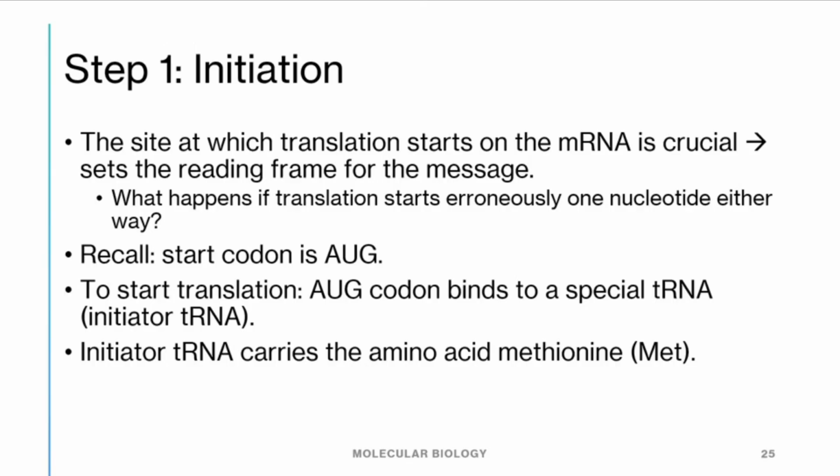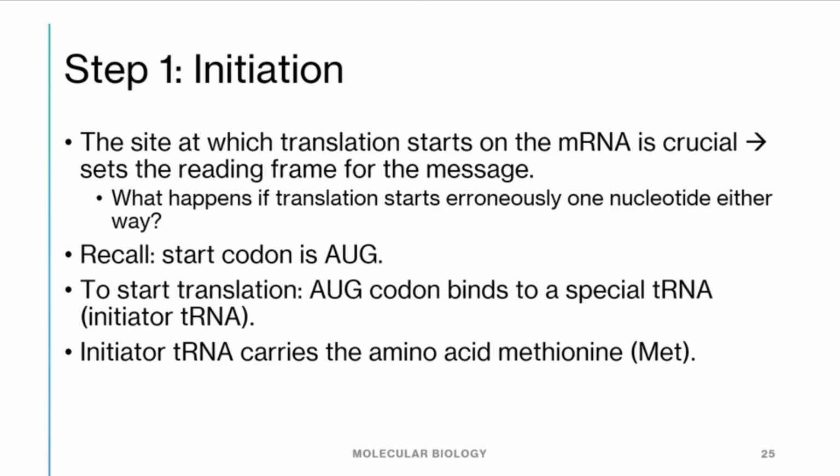Generally speaking, in the initiation process, the ribosome has to look for the start codon on the mRNA, and only when the start codon is found will the ribosome start to initiate the process.